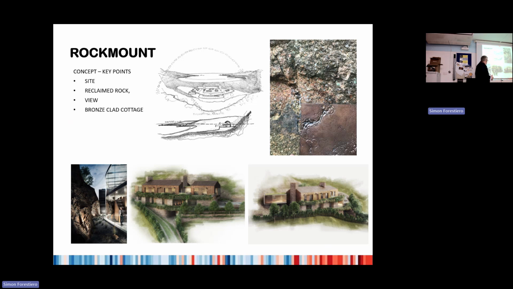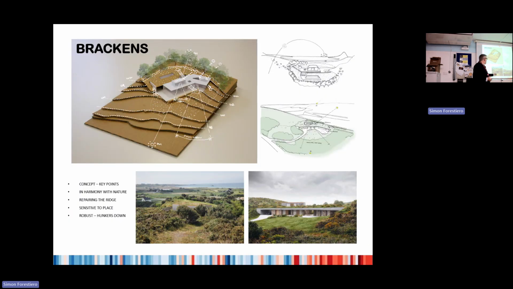So this is the connection at the back, and the rock is at the back of the building. This is another site, essentially a site that was damaged during the war, and the headland was removed, dug out and used to make bunkers on the end of the headland.